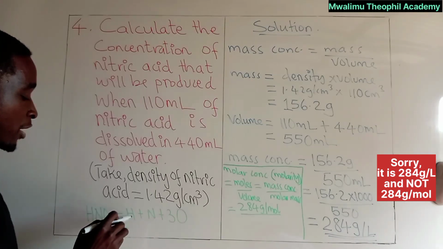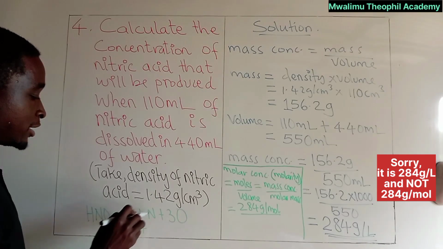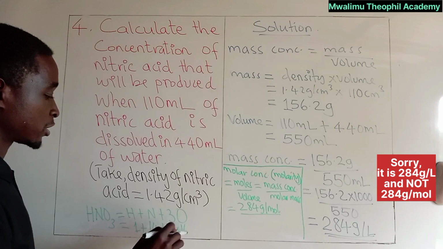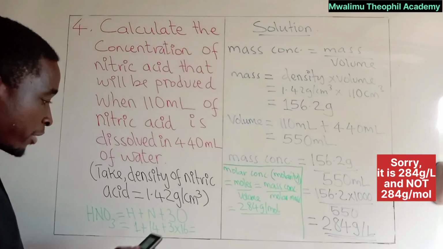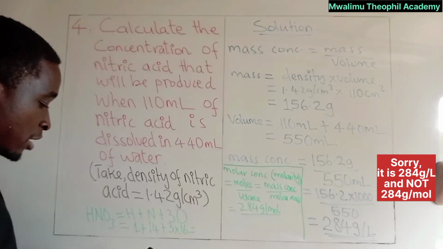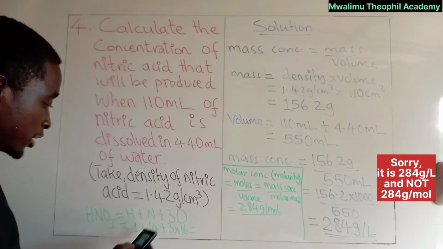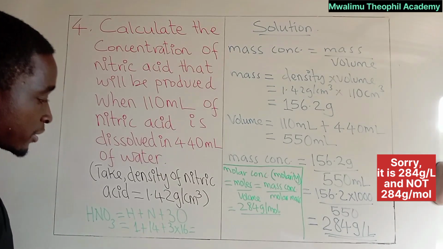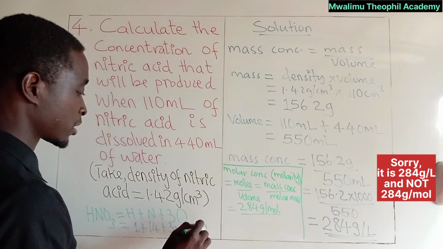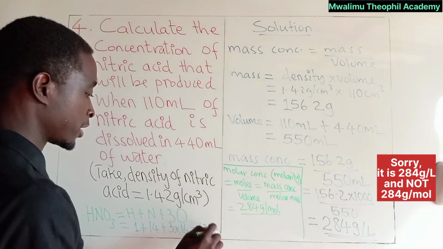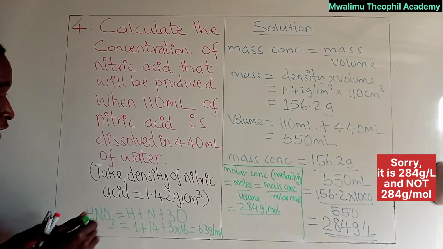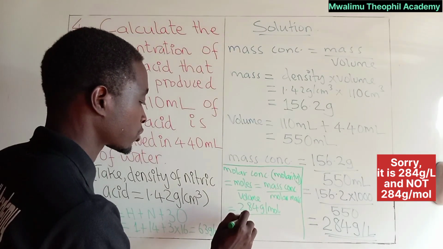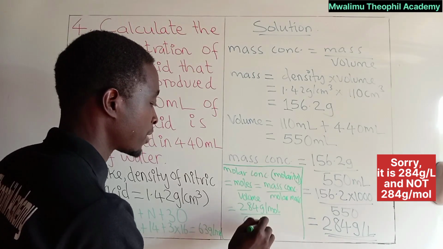Here, the relative atomic mass of hydrogen is 1. We add that of nitrogen, 14. We add 3 times that of oxygen, which is 16. 3 times 16 is 48. We add 48, 14, and 1. We get 63. So the molar mass or relative molecular mass of nitric acid is 63 gram per mole.